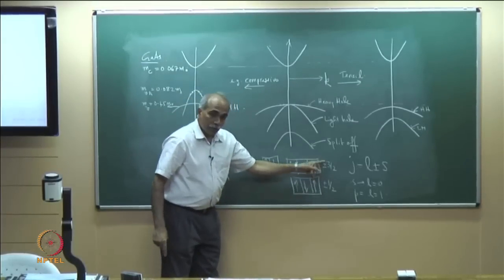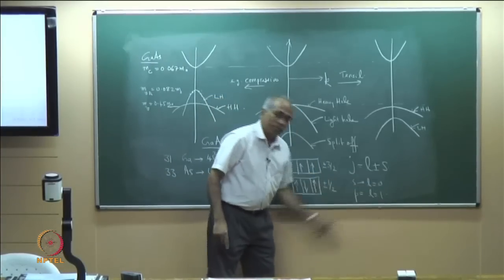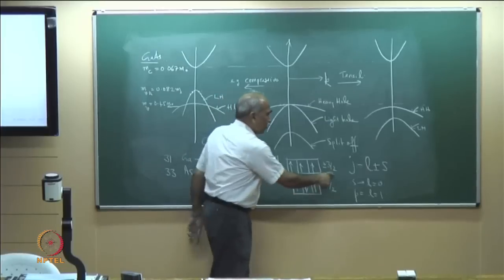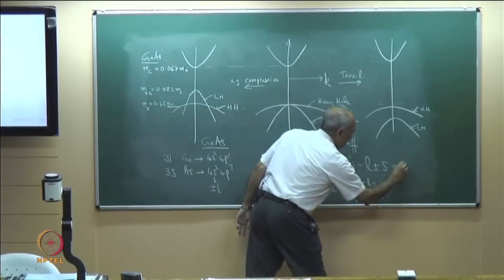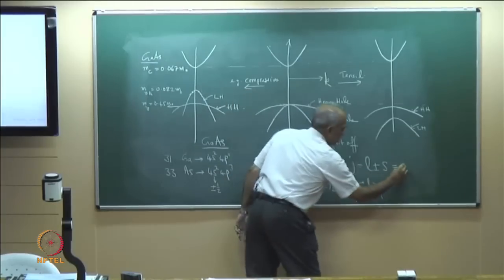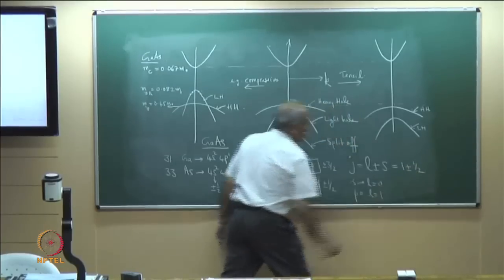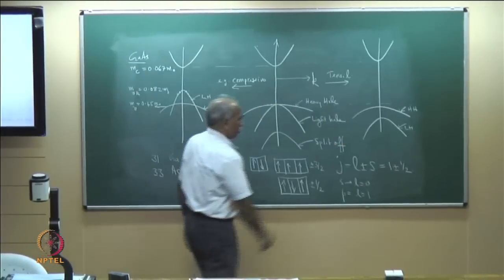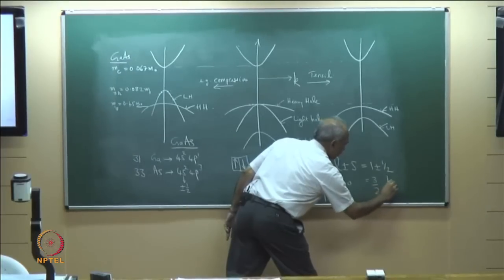For S shells, L equals 0, for P shells, L equals 1. This is the value of spin. So L equals 0 and L equals 1. Therefore, the total quantum number here can take values 1 plus minus half, the total spin, which means this can become 3/2 and half.